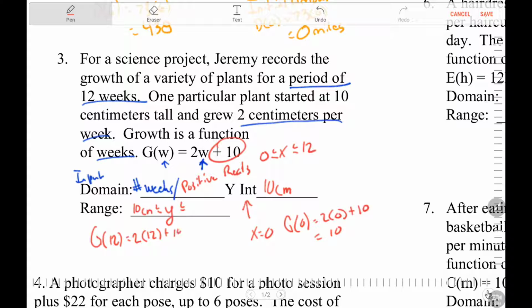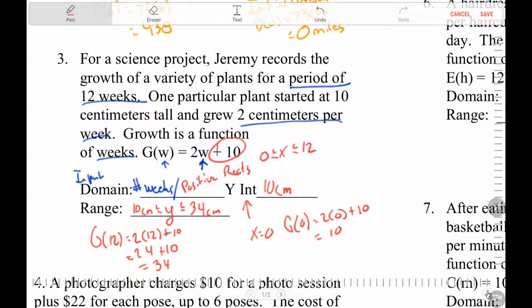Because we could say, well, an infinite number of weeks are going to go by, so it's going to grow forever, but that's not possible when you have these real world situations. So the most it's going to grow by is 34 centimeters if that's what it keeps growing by. So that's kind of the thing.